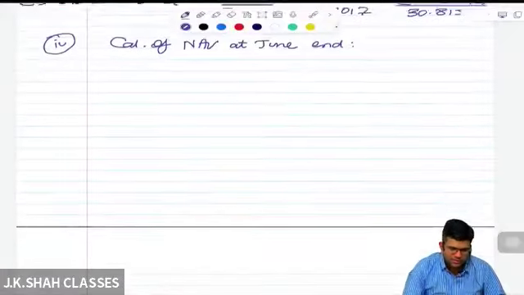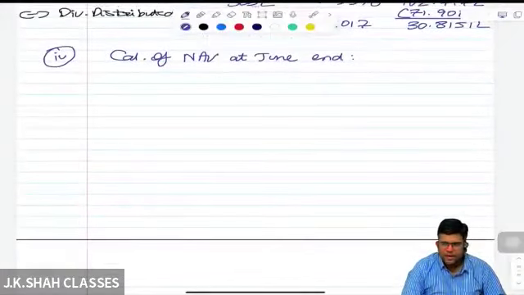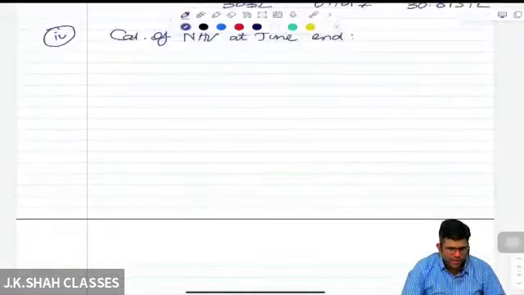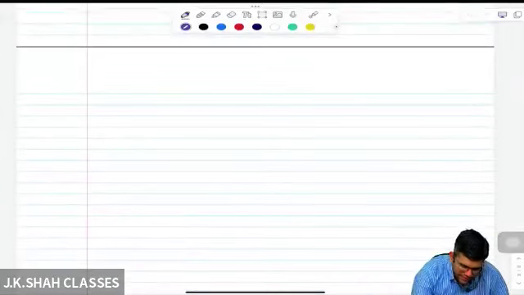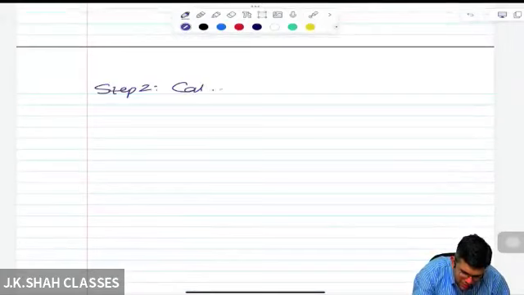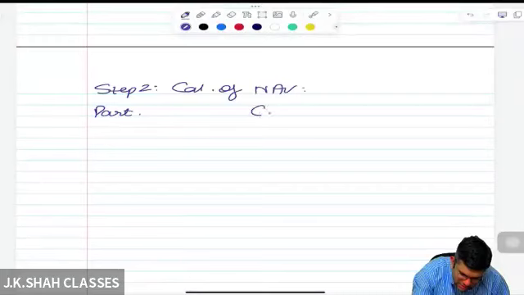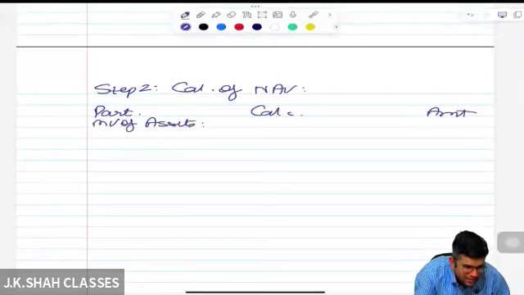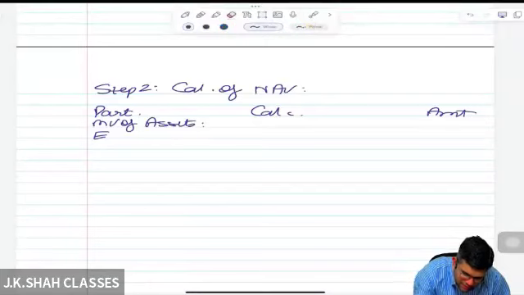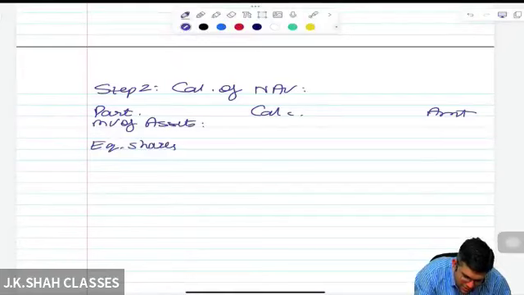Now students, you remember that for NAV, wait, just 1 minute. I'll write here step 2, calculation of NAV. Don't write yet. Particulars, calculation, amount. We first take the market value of assets. In that, we will have equity shares and cash.